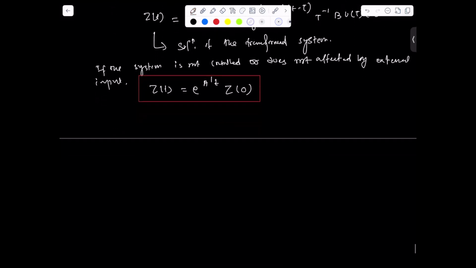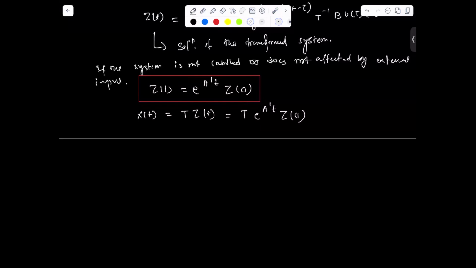We know x of t equal to T z t. So we just substitute this expression here, and we'll have T e to the power A dash t z naught. So this is the solution.